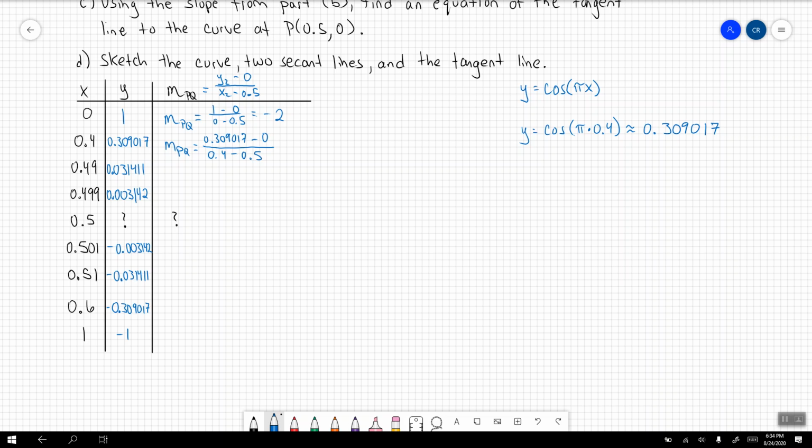We input this into the calculator, and we should get negative 3.090170. Again, a correct estimation up to 3 decimal points. Up to 6 decimal points.